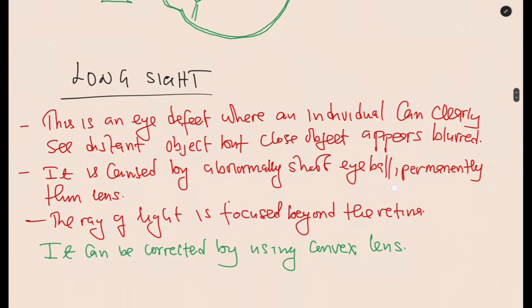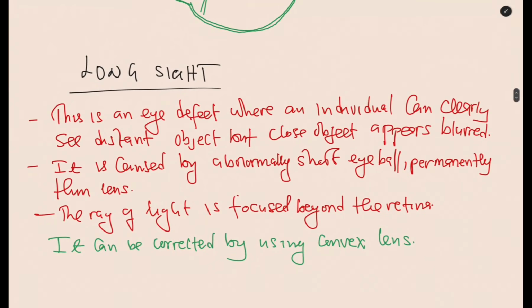What about long sight? When you hear of long sight, this is an eye defect where an individual can clearly see distant objects but close objects appear blurred. So this is the difference from short-sightedness. This one is able to see from a distance but not close objects. It is caused by an abnormally short eyeball, which is permanently thin.